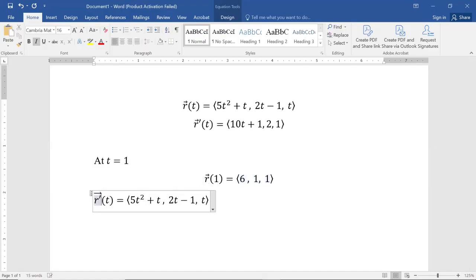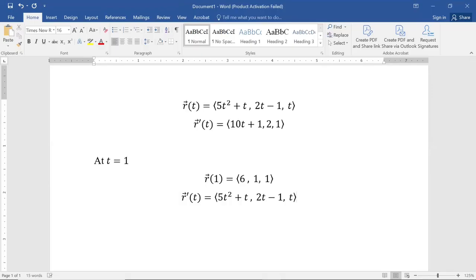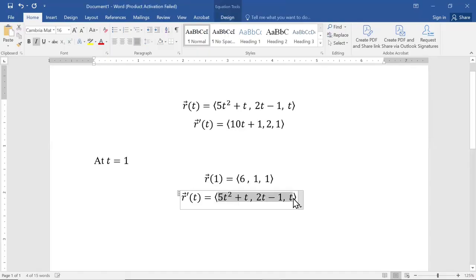If I take the derivative, I'm not plugging in 1 to the actual function. I'm plugging in 1 into the derivative function here.